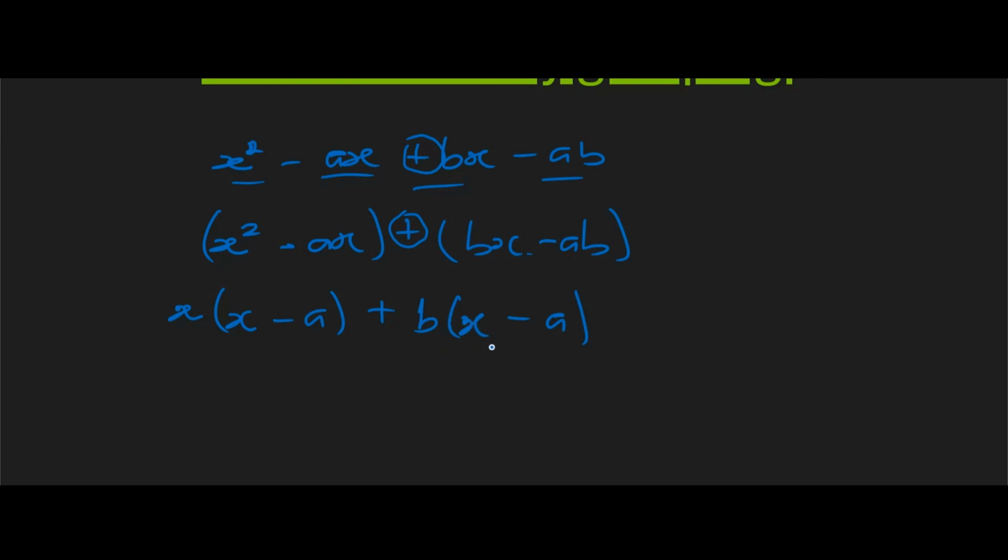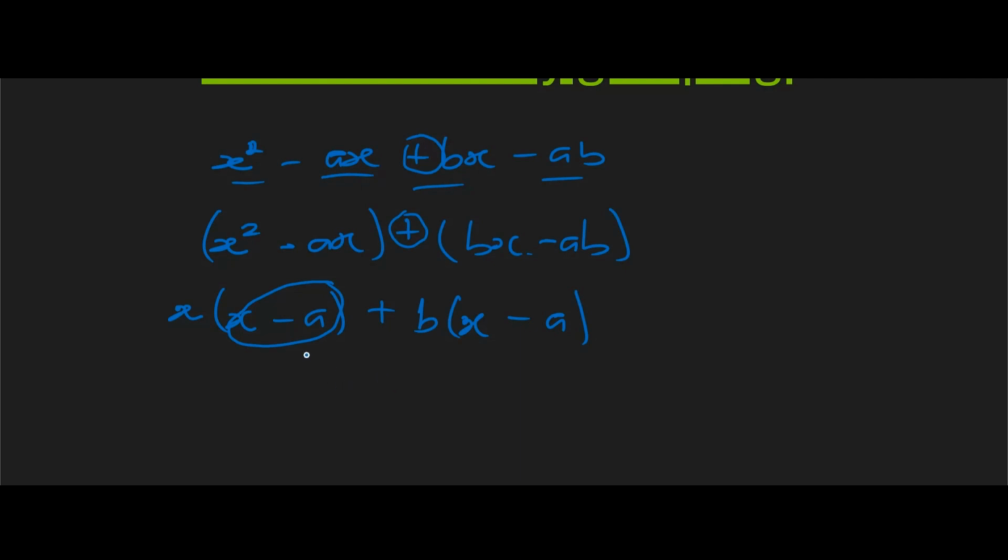Let's observe something here. In the two brackets, we are getting the same expression, that is x minus a, and x minus a in this one too. Whenever you see something like that, it means we are on the right path. We are getting the thing correct. So this is what we're going to do.